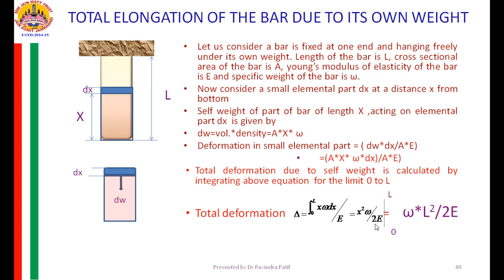Upper limit is L. When you substitute the upper limit, it will become omega into L square divided by 2E. Lower limit is 0. Therefore, the total deformation of the bar, rectangular bar, under its own weight is equal to omega into L square divided by 2E.